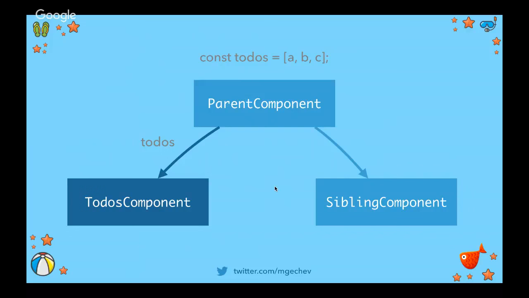Everything is good so far. However, when we pass the to-dos array to the sibling component as well, and we push a new to-do item, the to-dos component is not going to be aware of the state change because we have detached the change detection there completely. So there is no way for the to-dos component to know that there is a new item in the list.